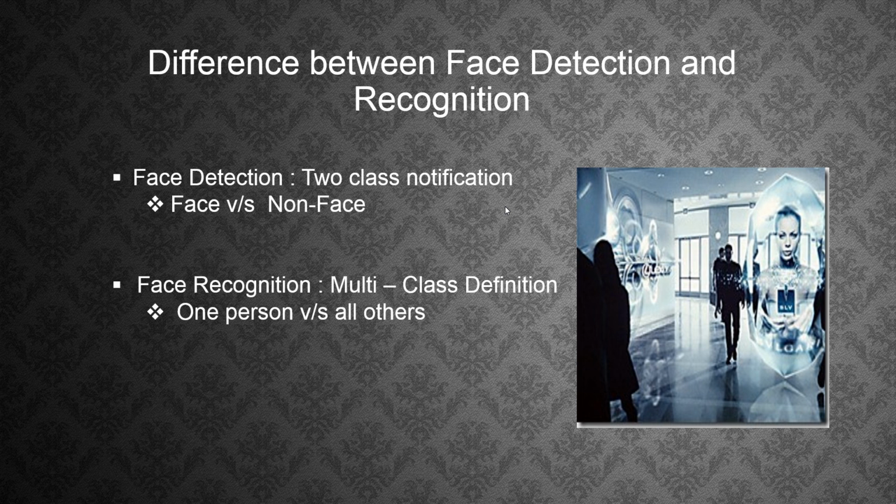But there is a basic difference. Face detection is detecting a face object from a non-face object in an image, so it is basically face versus non-face, a two-class classification. Whereas face recognition provides a multi-class definition. Say we have a group of persons and we need to identify one person amidst the group.